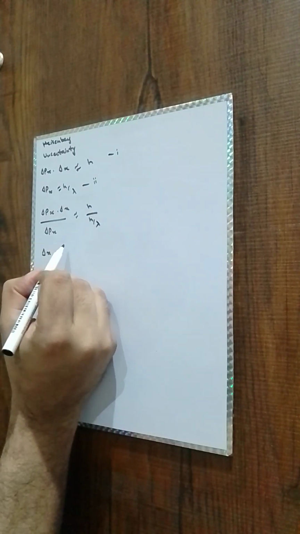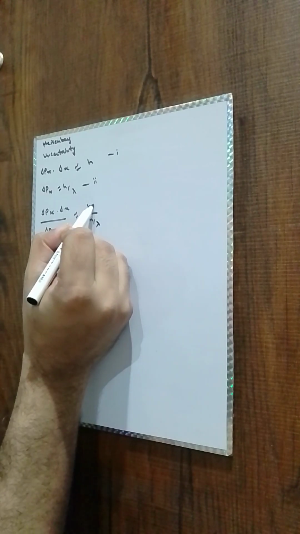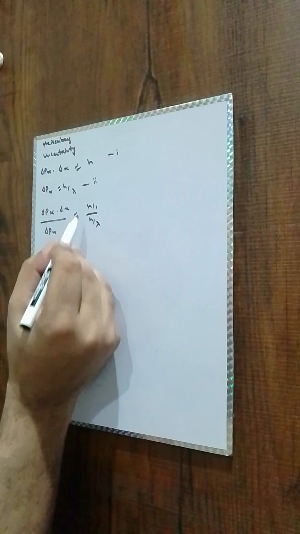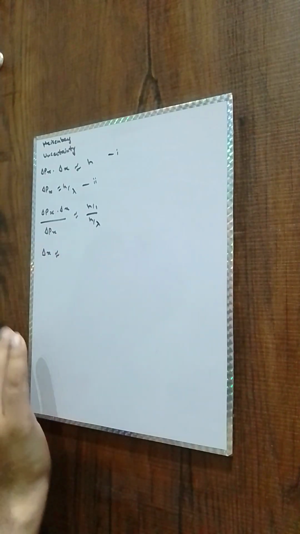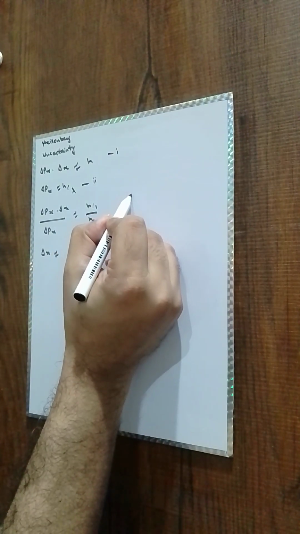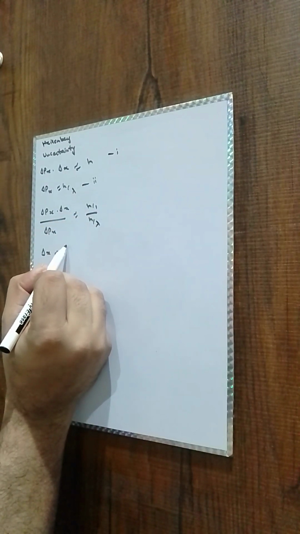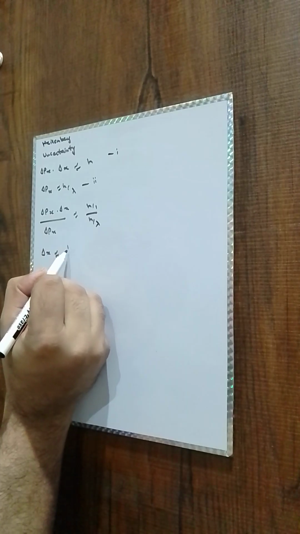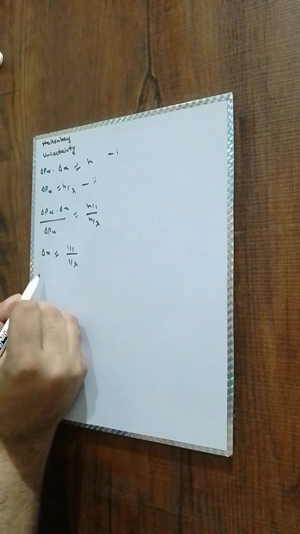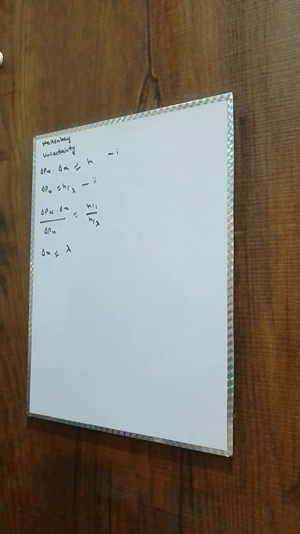So what you see is delta x is roughly equal to h by h by lambda. h cancels out, so this becomes 1 by 1 by lambda. This basically is equal to lambda, the wavelength.